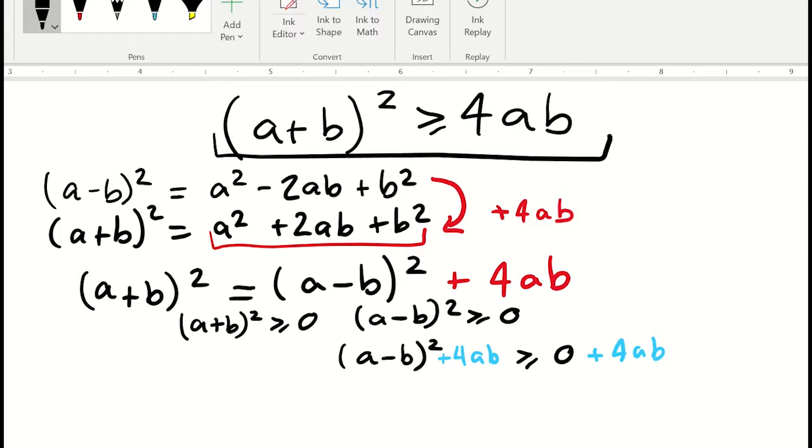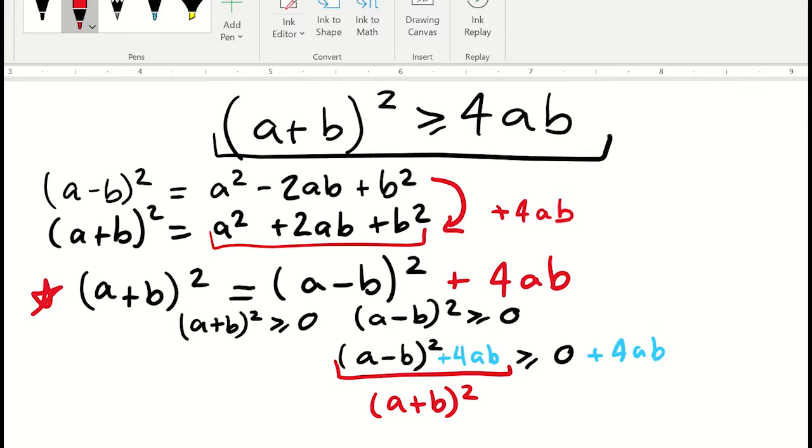Okay, so now I'm getting to this point here. Now I know that this left-hand side here is equal to (a plus b) all squared. And that comes directly from this line here. So therefore, (a plus b) all squared is greater than or equal to 4ab.